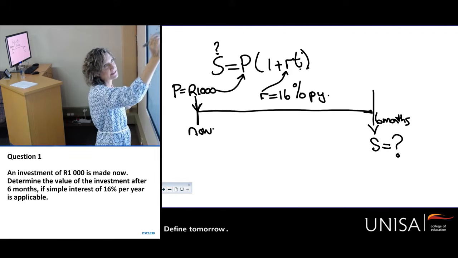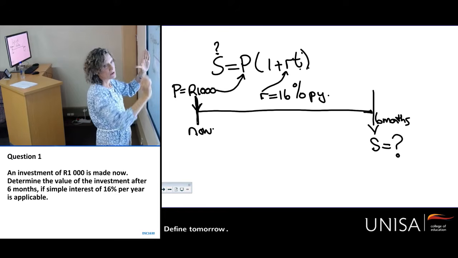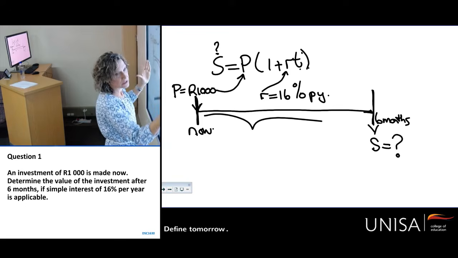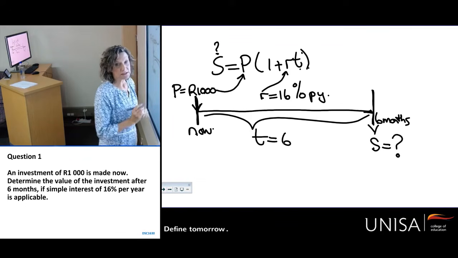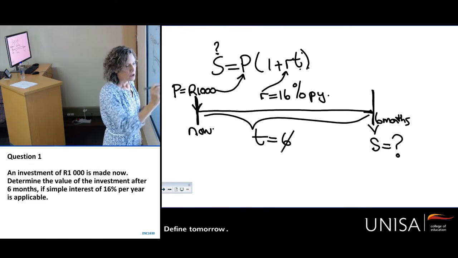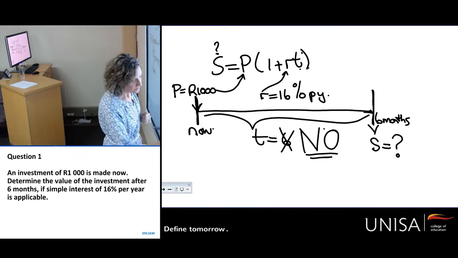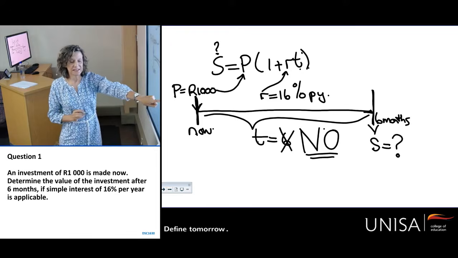But what is T? T is we're investing it from now till 6 months. So this whole period is our T value. And is it equal to 6 only? No. Why? T must always be in years. And what do we have? 6 months.